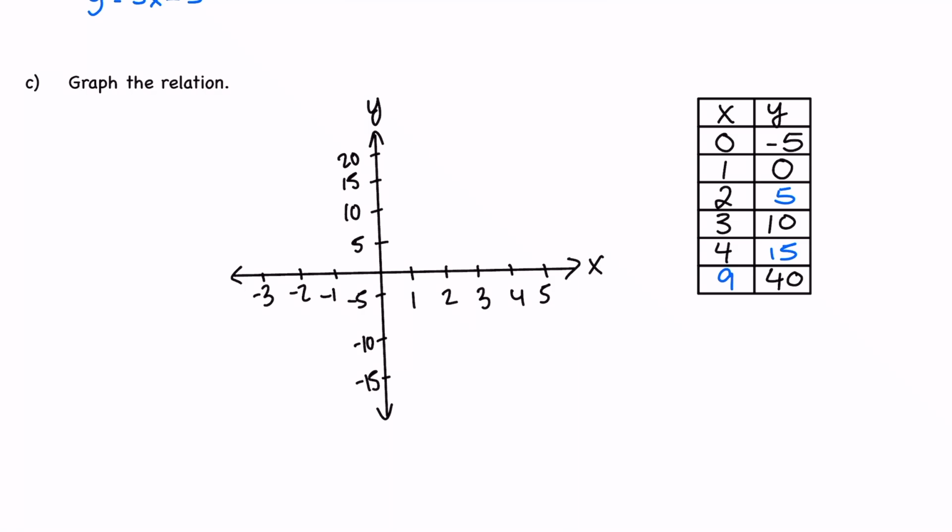We have our y-intercept at (0, -5). So down here, we have a point at (1, 0), another point at (2, 5), (3, 10), (4, 15). And now we can draw in our line, and I'm just going to extend it in both directions. And so that would be my graph.